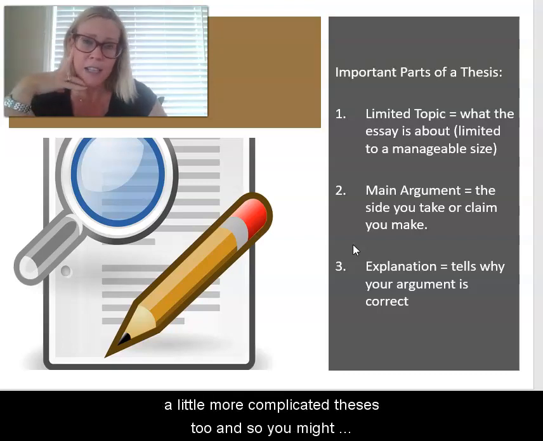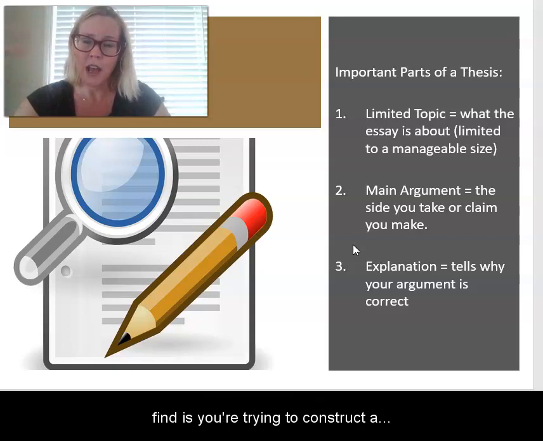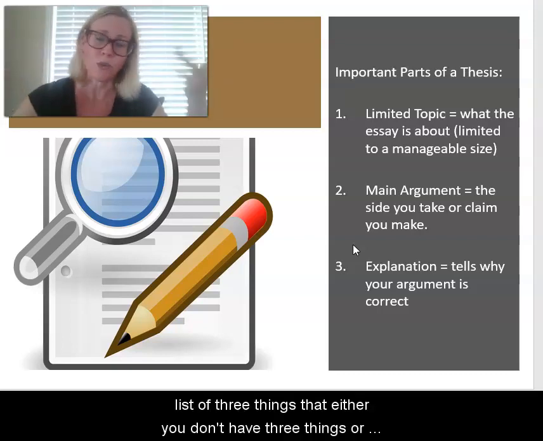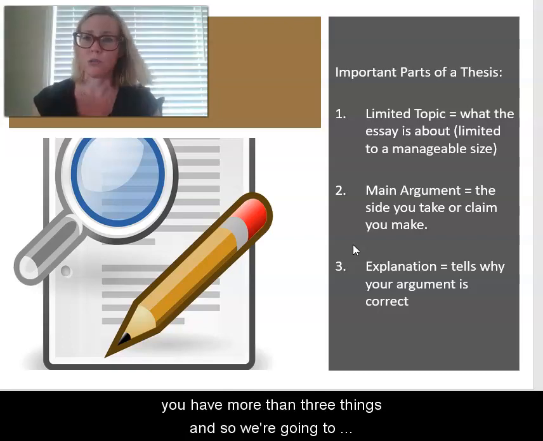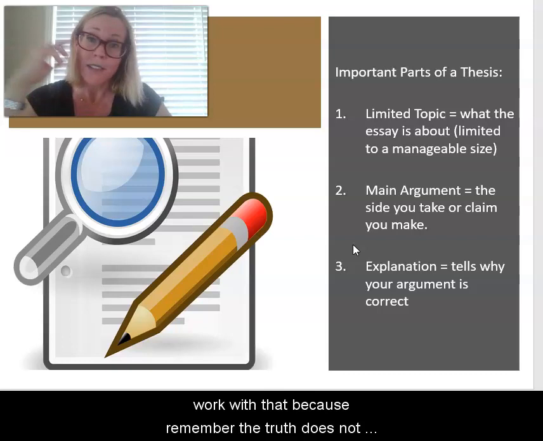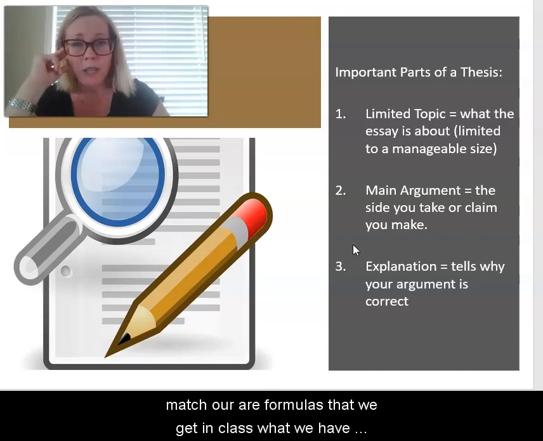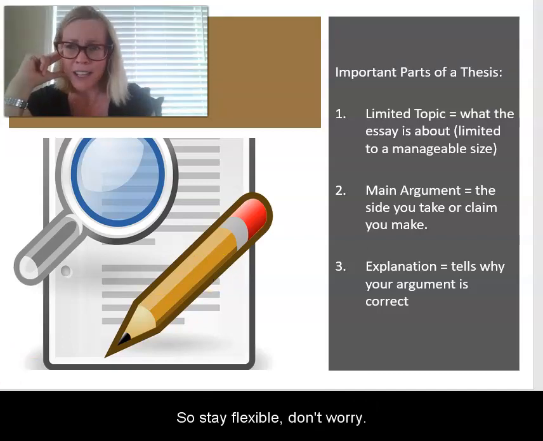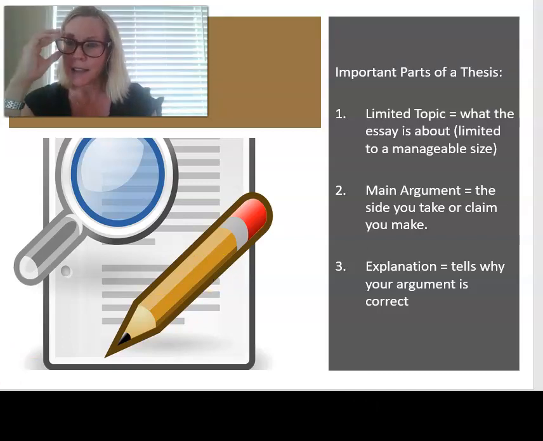And so you might find as you're trying to construct a list of three things that either you don't have three things or you have more than three things. And so we're going to work with that because remember, the truth does not match our formulas that we get in class. What we have to do is adapt to the truth we find. All right? So stay flexible. Don't worry. Let's take a look.